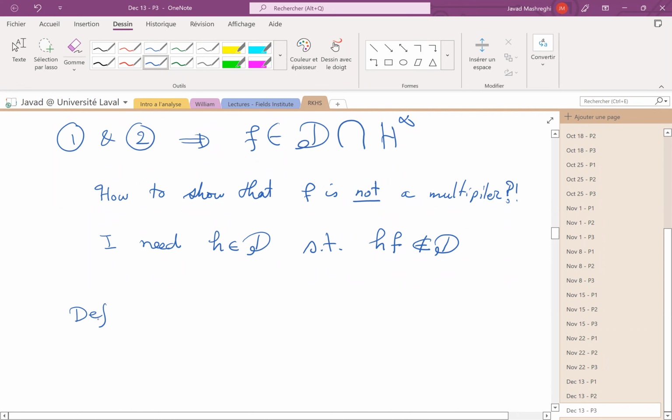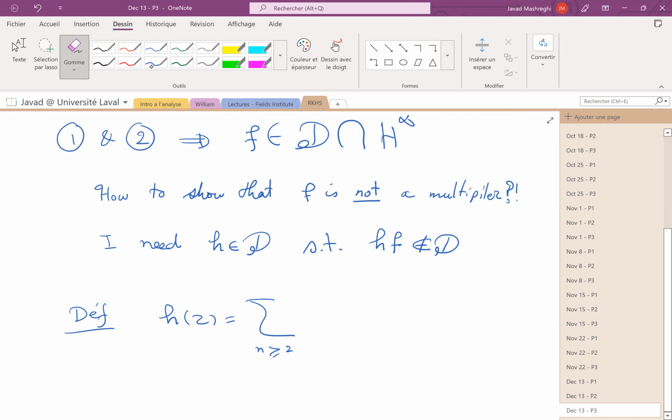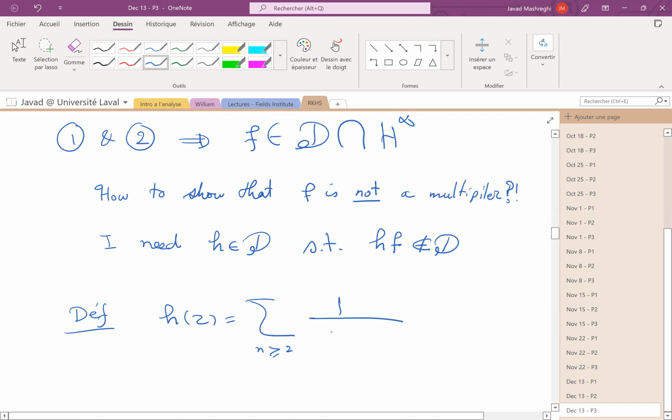So definition, h of z is defined as the sum, n bigger than or equal to 2, of 1 over n (log n)^{3/4} z^n.